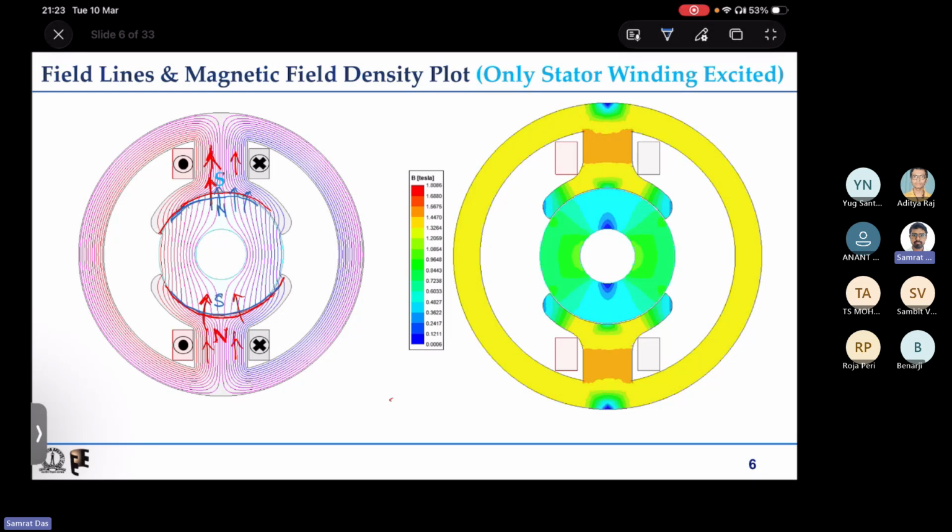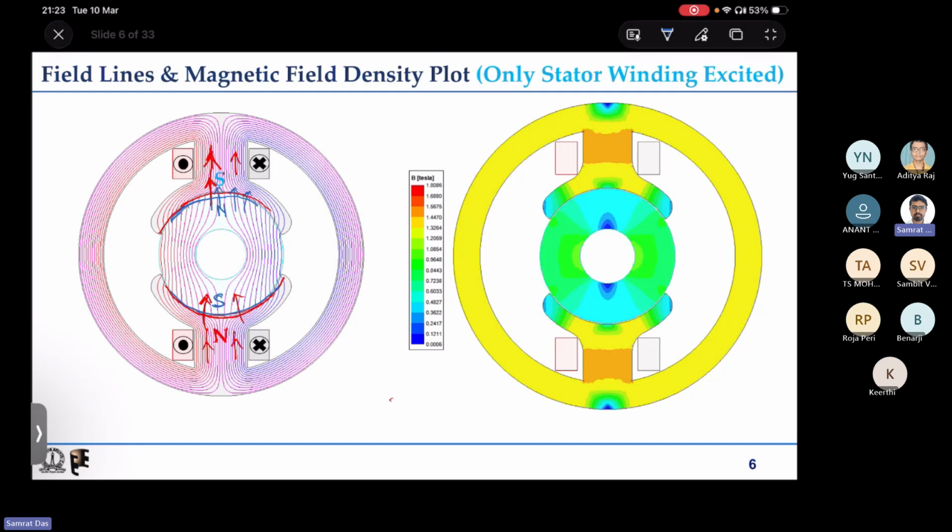That is why we will have south pole on the rotor surface. So in this case we can see that we have south pole on top, north pole on bottom for the stator, and the opposite poles are induced right under that. So if north and south pole are there, then what do you expect?